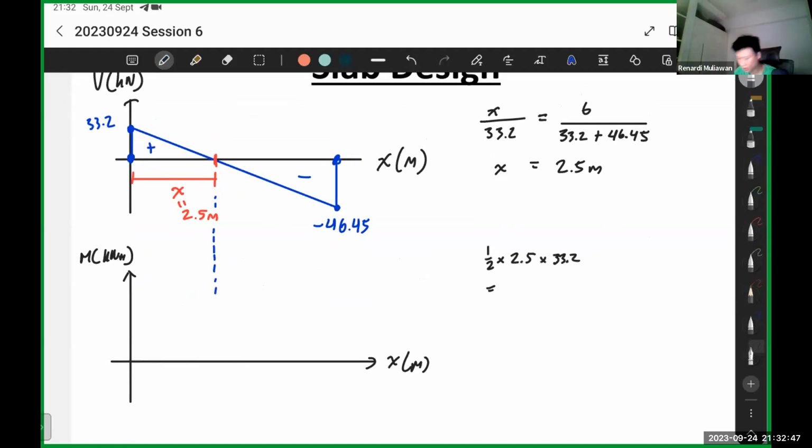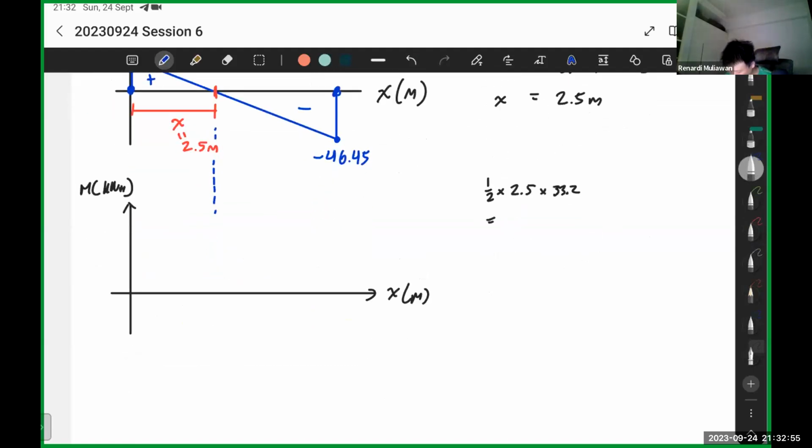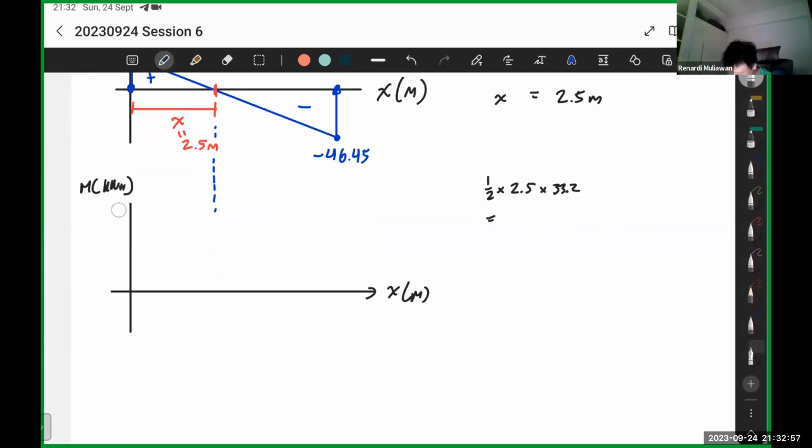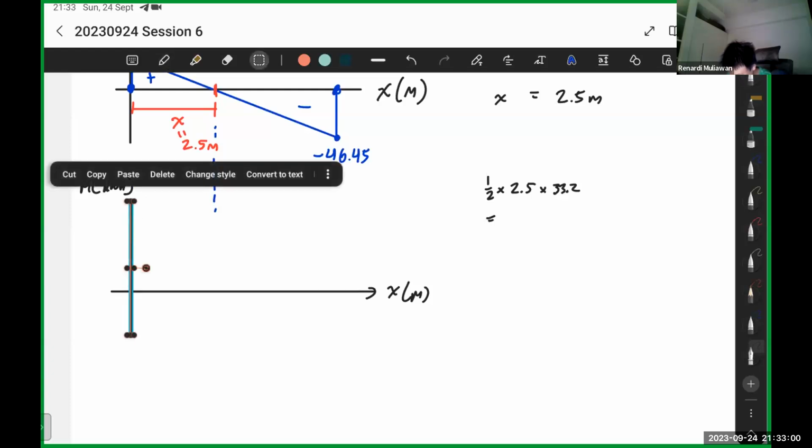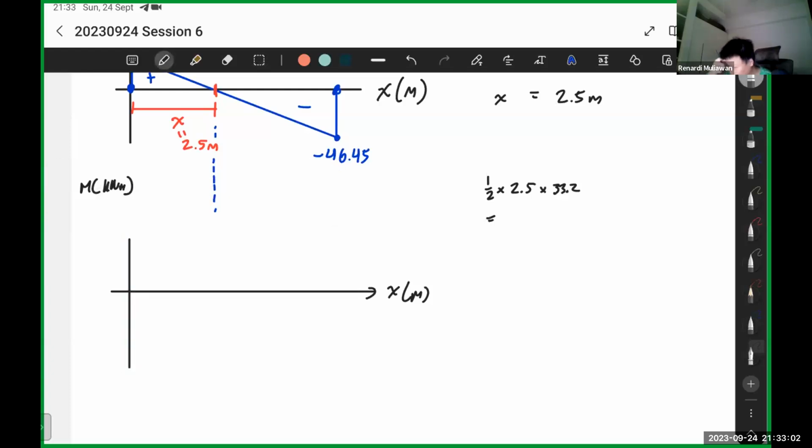So that's 41.5. Then something else to take note of, right? In this course, we assume moment positive to be below. This one is the compression side. So positive is below. So actually, this is a moment increase. It looks like it's going down, but it's actually a moment increase. So it goes to 41.5.